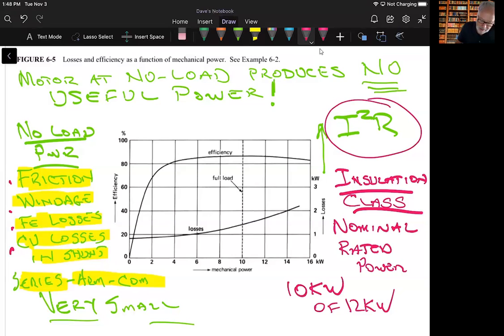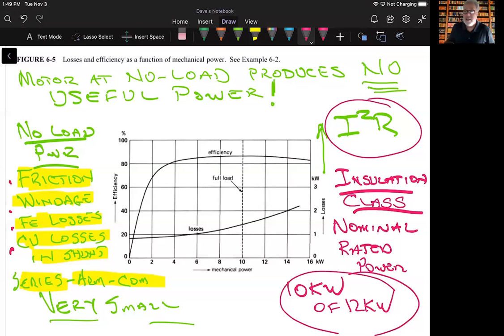But in a particular instance, a motor rated at 10 kilowatts can operate in excess of that for short periods of time. He goes on to say it's physically impossible for a 10 kilowatt motor to deliver 100 kilowatts, even for a millisecond, just because it physically doesn't have the capacity for that.